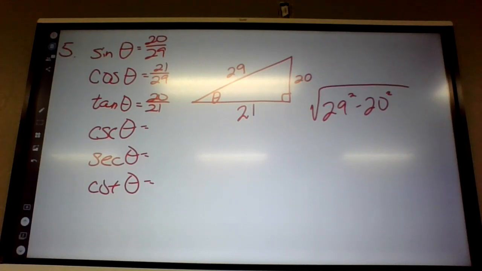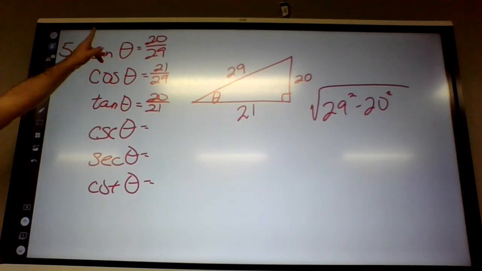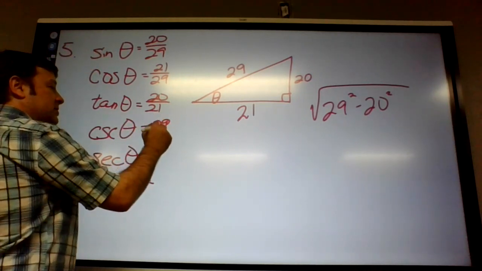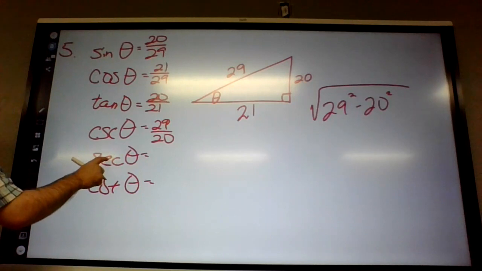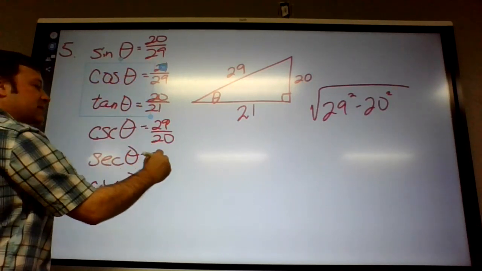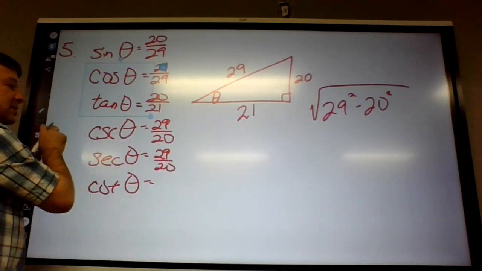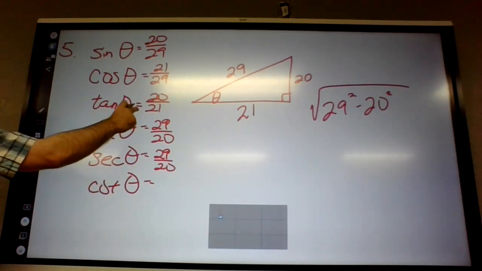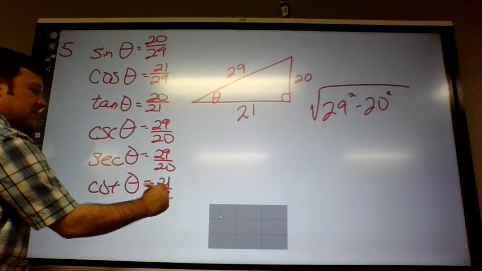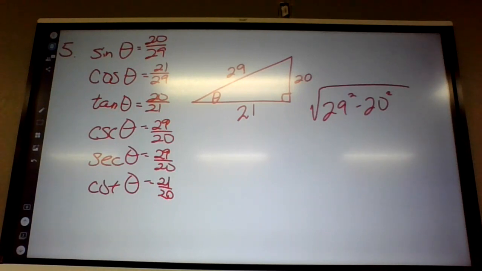All right, Eli, do you know how we're gonna get cosecant? Right, flip the sine, he said, which is correct, so it's just 29 over 20. Secant is cosine flipped. And cotangent is tangent flipped.